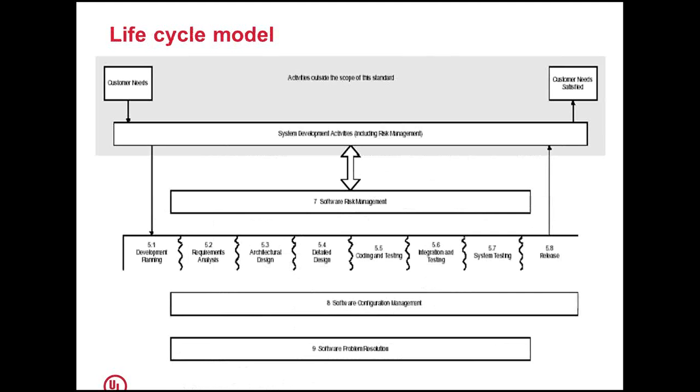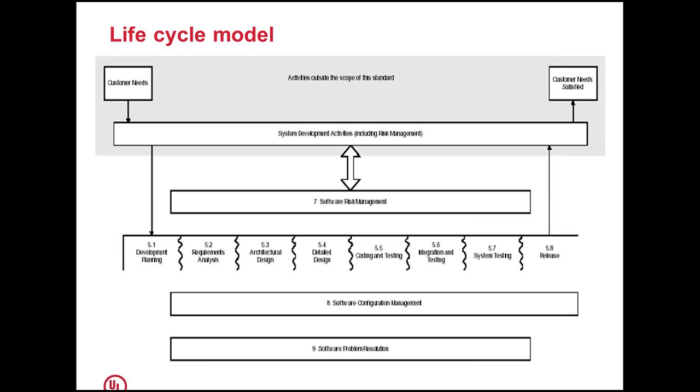Let us see how this process approach is linked with the life cycle model which we discussed earlier. We saw in process approach, it starts with customer and ends with customer. Here you see it starts with the customer need and also ends with the customer needs satisfied. So once you need to have a process in place, that's what we saw in a process approach.